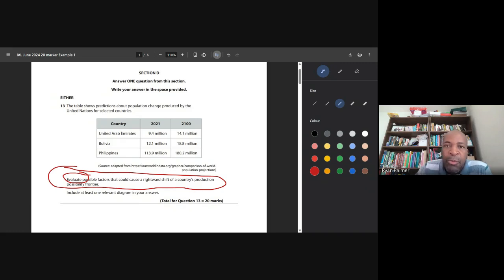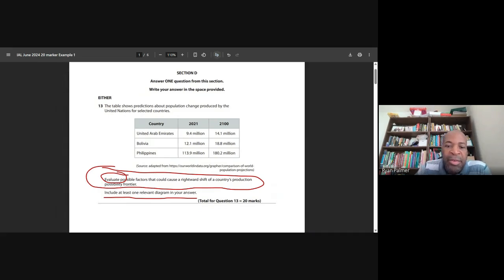So we know we're looking at the ability to produce more of both capital and consumer goods, for example. And then the other command in the question is that we must include at least one relevant diagram in our answer. So we want to make sure that at the end of the day, we've responded to those requirements.